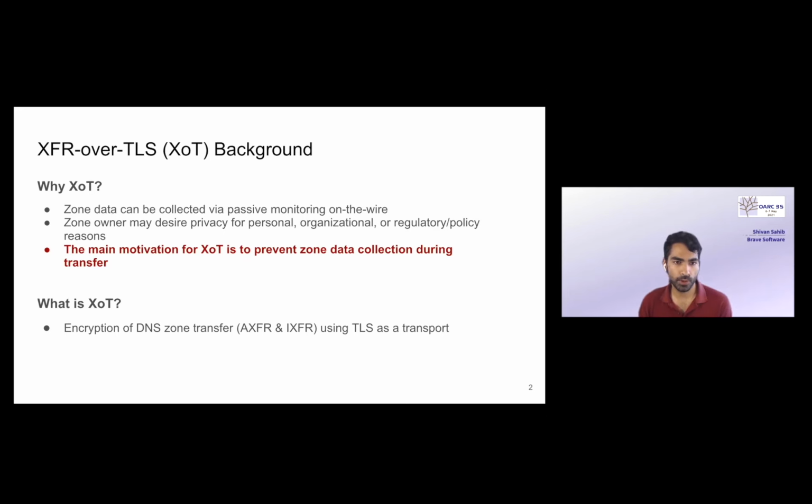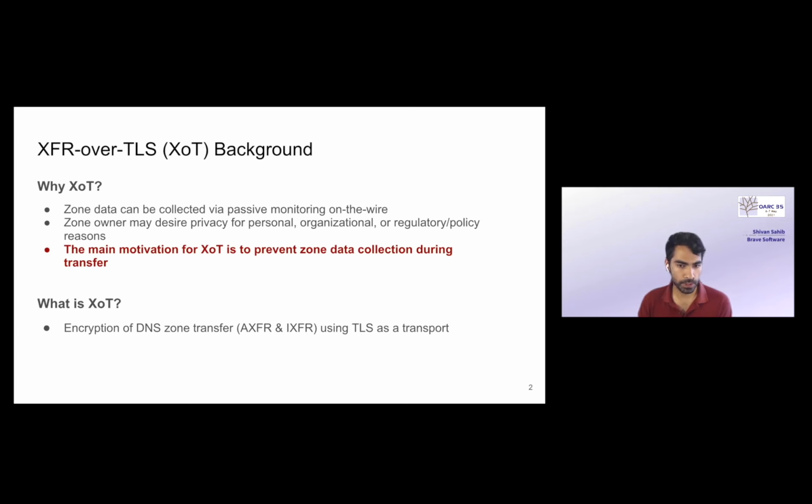Zone data can be sensitive, especially for larger organizations. For several reasons, policy, regulatory, you might want to keep your zone contents private as they transfer between primary and secondary. That is the main motivation for XFR over TLS: to prevent zone data collection during transfer.